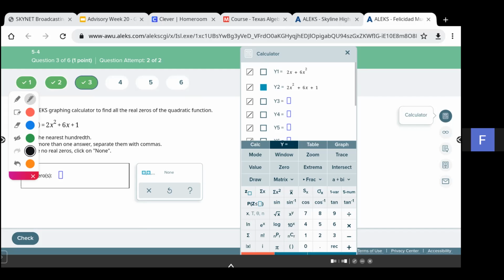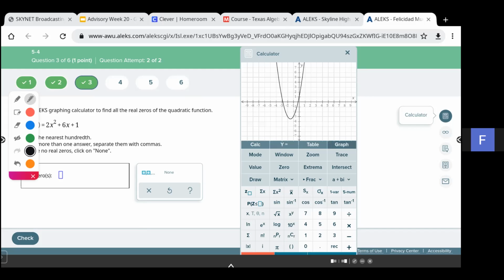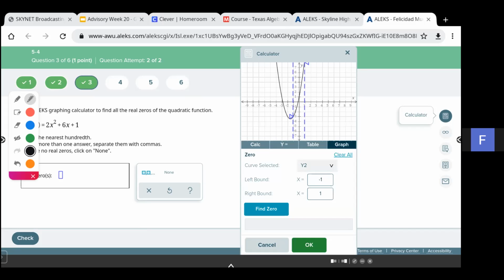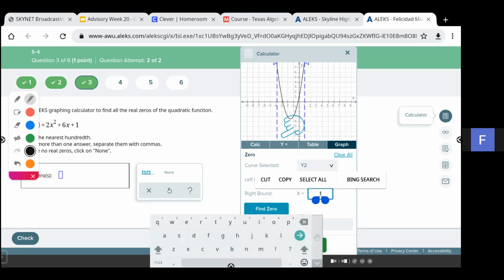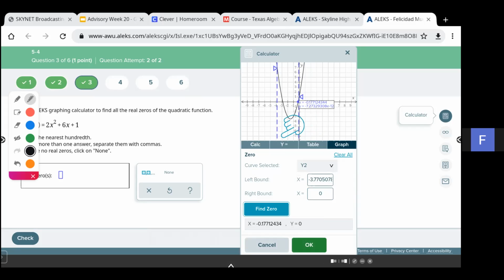All right, now I can hit find the 0. Okay, that one lets me move it. Not letting me. Oh, there we go.